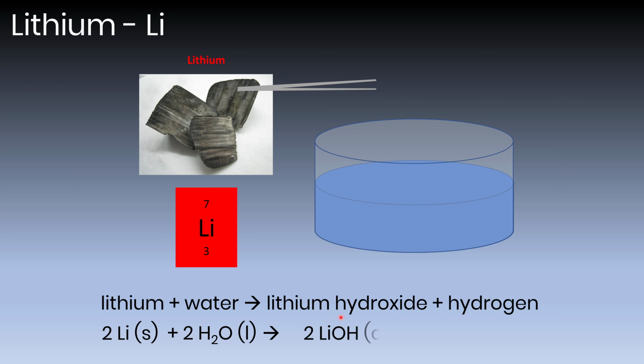Lithium hydroxide has the formula LiOH and it's aqueous, meaning it's dissolved in water. And the hydrogen has the formula H2 and it's a gas. The lithium hydroxide is the alkaline solution that's formed when the alkali metal reacts with water. It's actually the hydroxide or OH part of it that causes it to be alkaline.